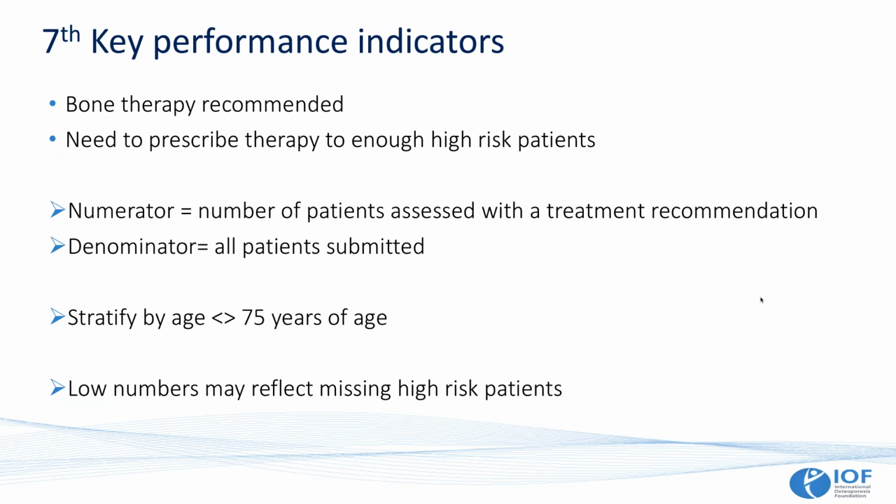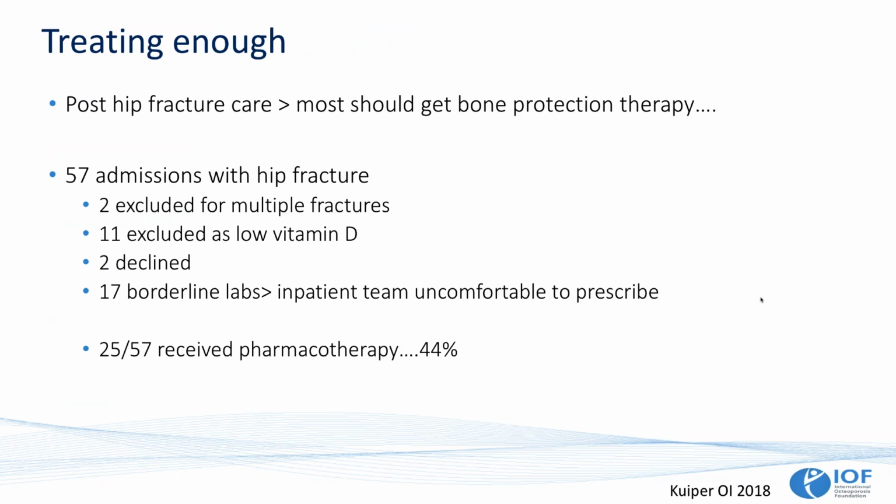So here's a nice study from, I think, the States, where they actually integrated post-hip fracture care. So everybody got bone protection therapy as part of their hip fracture pathway. Relatively small numbers, 57 patients with a hip fracture. Many hospitals see 10 times this amount in a year.